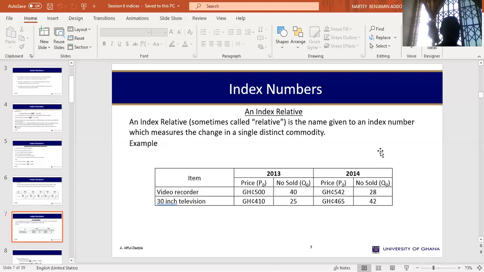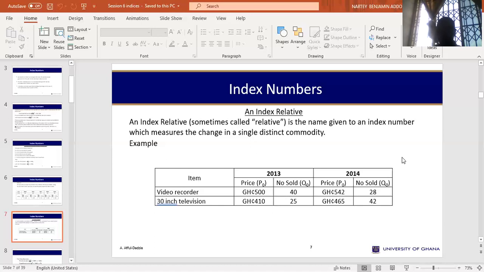All right. So here we have an index relative. Index relative, sometimes called relative, is the name given to an index number which measures the change in a single distinct commodity. So let's say we have 2013 and 2014 items: video recorder and 30-inch television.